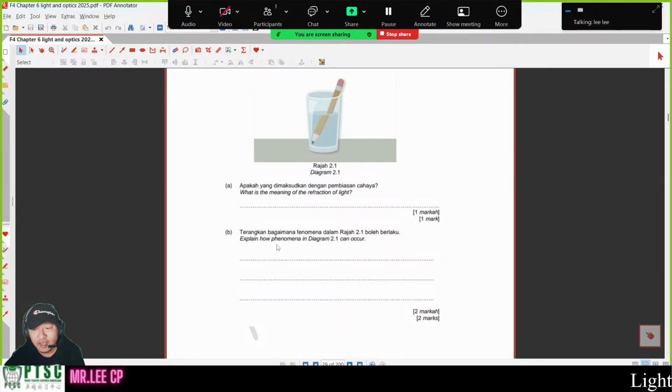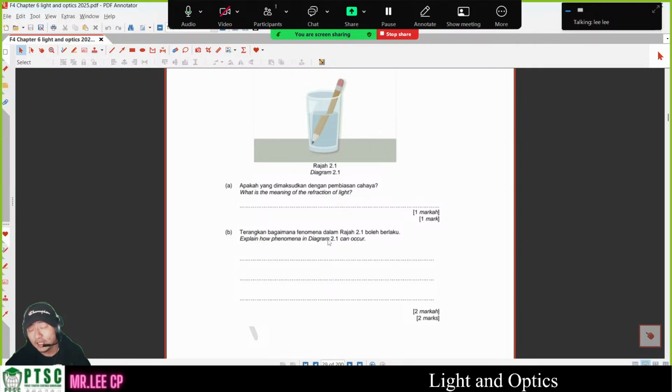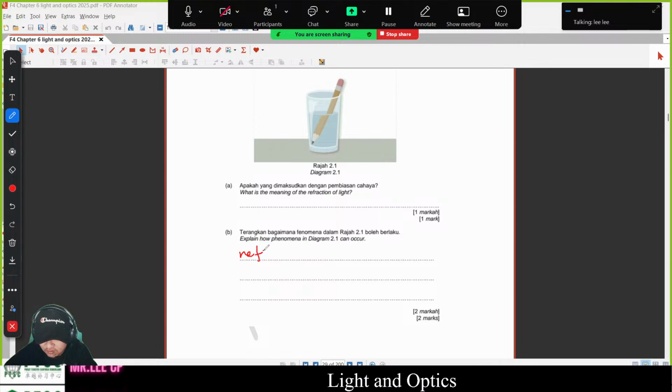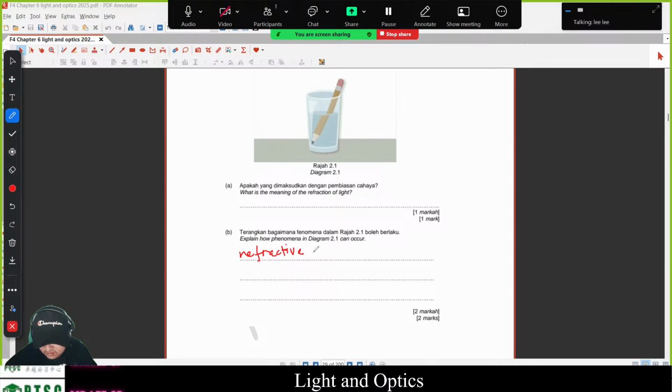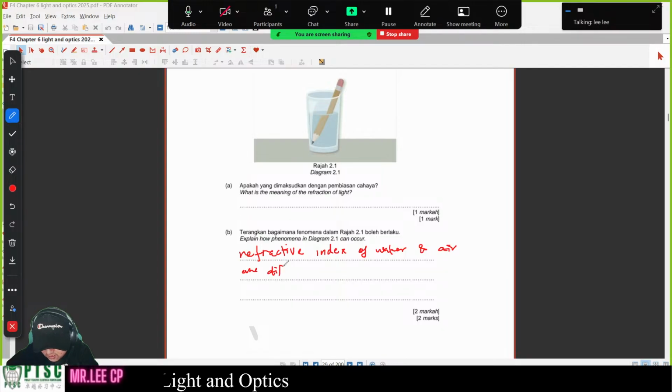Okay, explain how the phenomenon 2.1 occurs. I don't know how to answer this kind of question. So what you need to do is, refractive index. What I say, refractive index of water and air are different.